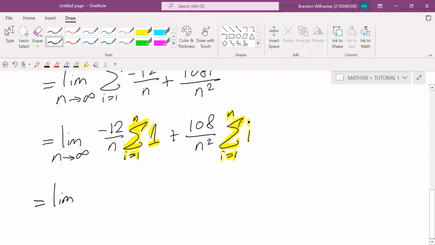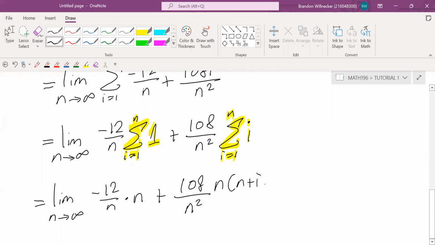So here, this is the limit as n goes to infinity, minus 12 over n, and then the sum from i equals 1 to n of 1, that's just going to be n, plus 108 over n squared, the sum from i equals 1 to n of i, that is n times n plus 1 over 2. Okay, so we replaced the first summation with n, we replaced the second summation with n times n plus 1 over 2.